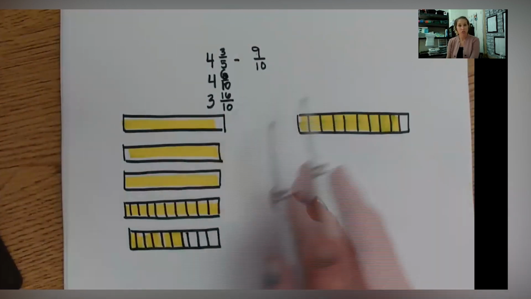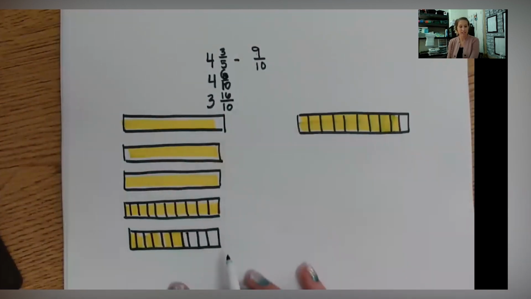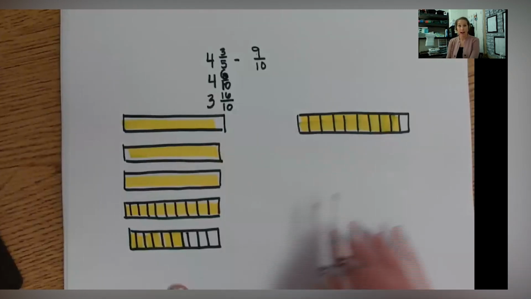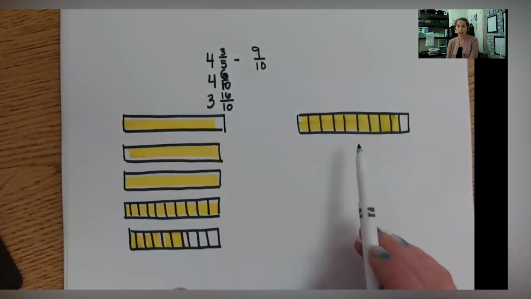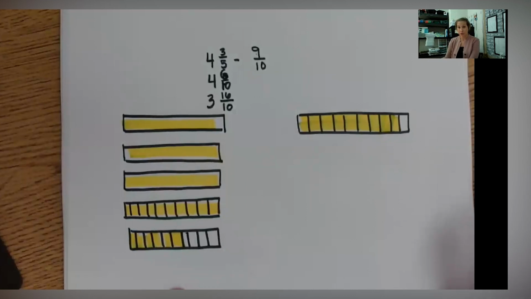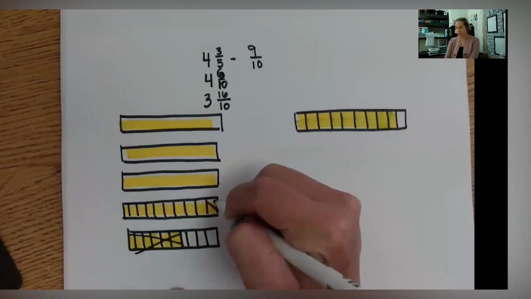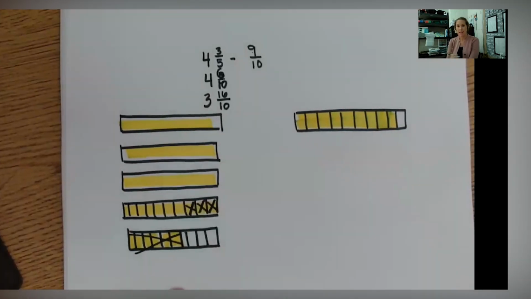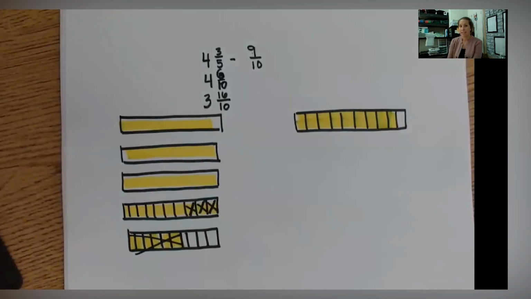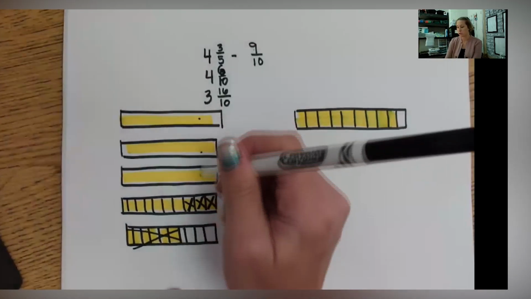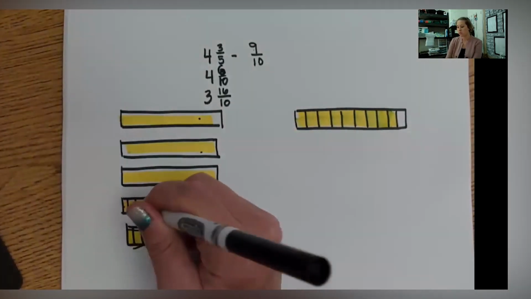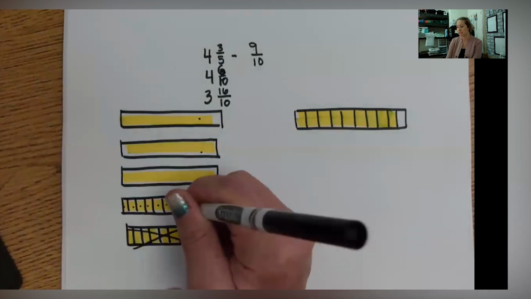Fabulous. And so if I have 16 tenths, do I have enough now to take away 9? Yes, I do. I want to take away 9. So there's 6, 7, 8, 9, leaving me with a difference of what? Yes, 3 and 7/10. 1/10, 2/10, 3/10, 4/10, 5/10, 6/10, 7/10.